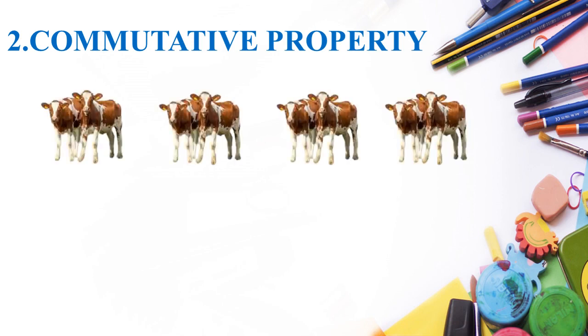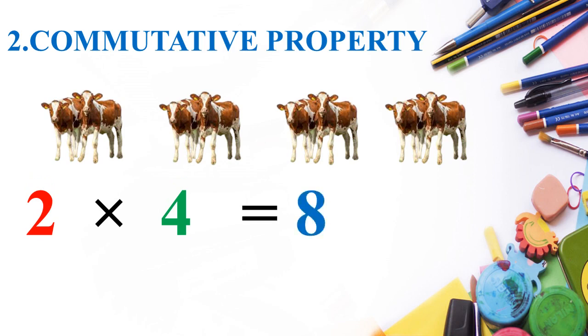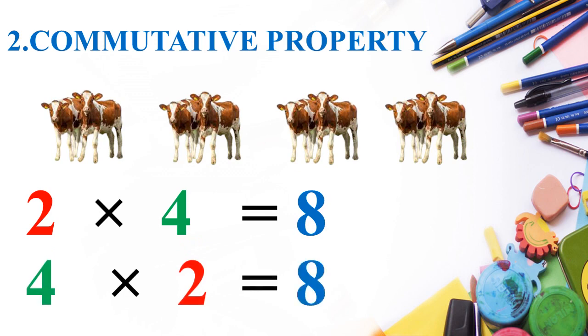Next, commutative property. Let us see one example. Here, 4 groups are there. In each group there are 2 animals. Now, let us count how many animals are there. Here, we find the number of animals in 2 ways. The first one, 2 into 4 equal to 8. Next, 4 into 2 equal to 8.